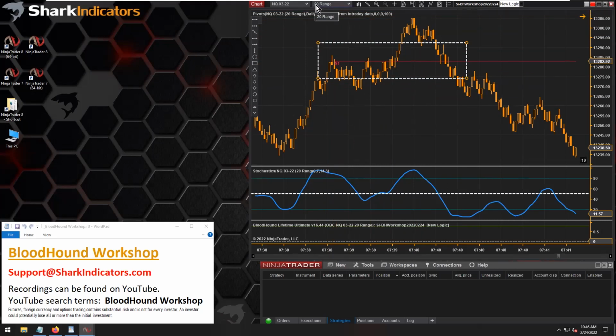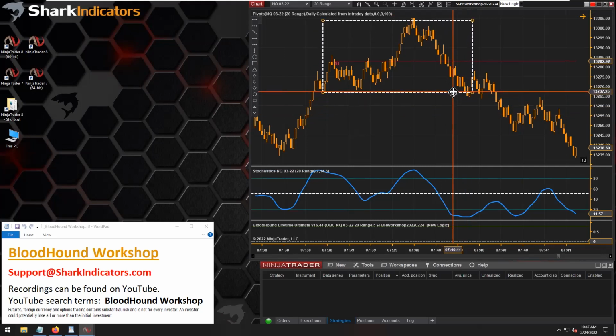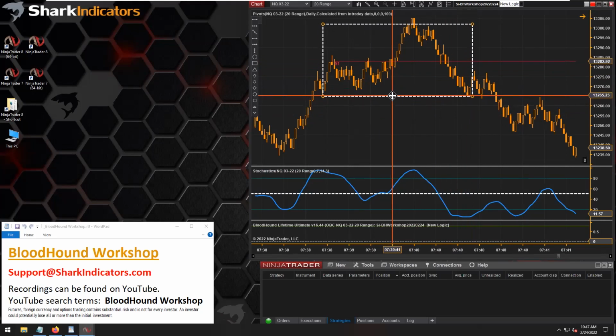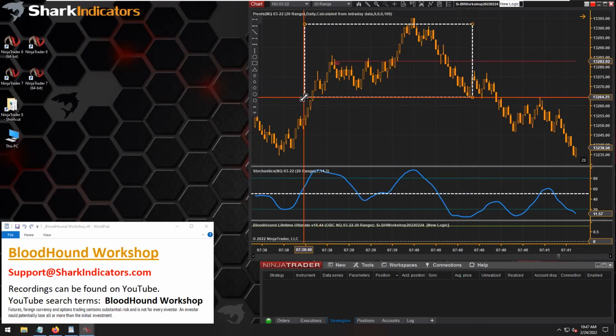So let's say 60 ticks, right? So let's just say price has to be at least kind of 60 ticks, which I think is approximately something like that. So price has to be 60 ticks away from any pivot line for a signal to be generated.